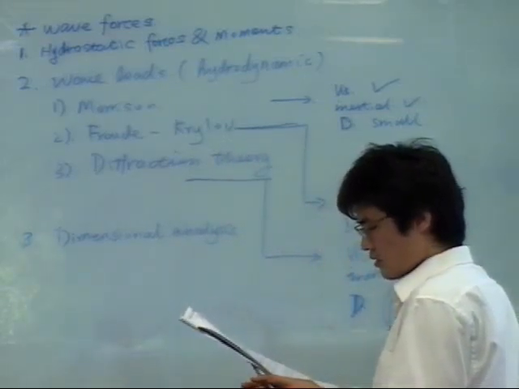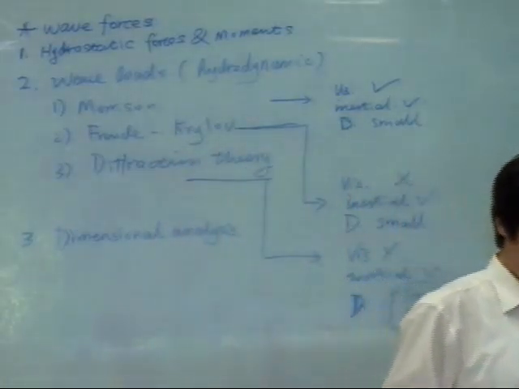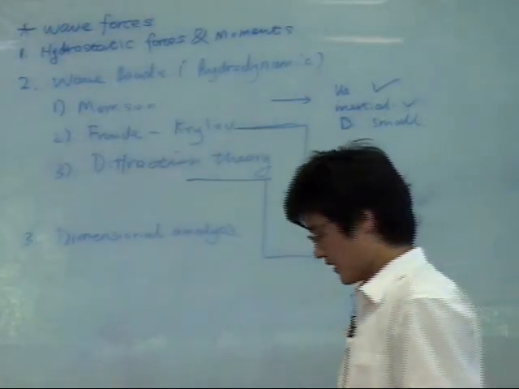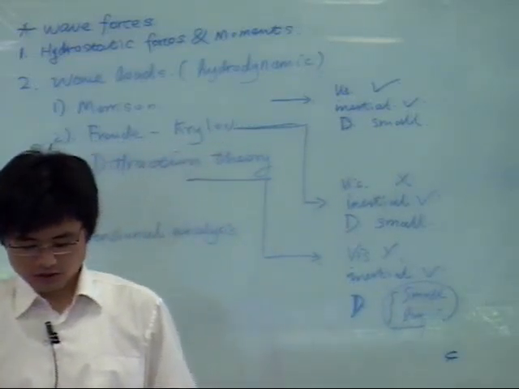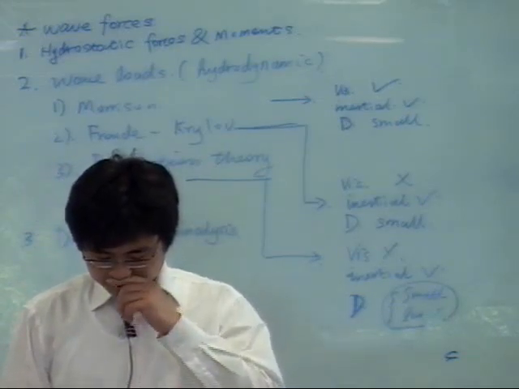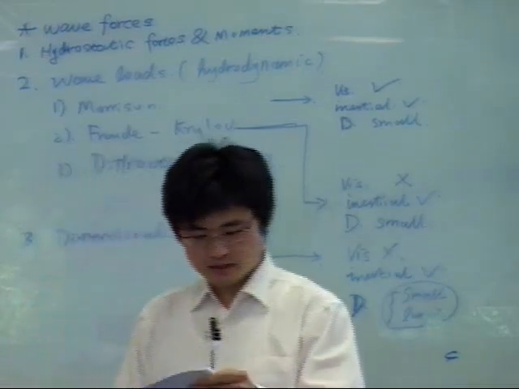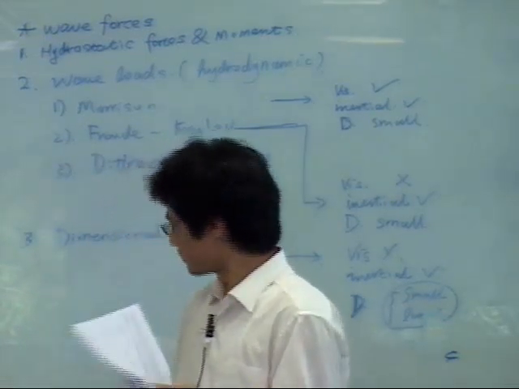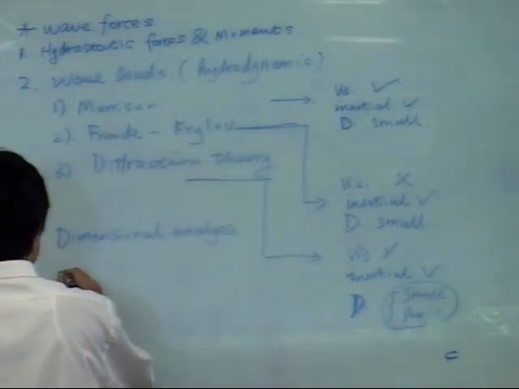So it's very important for us to understand why we have three different methods, and in which scale each one is applicable. So that's what we're trying to do with the dimensional analysis.